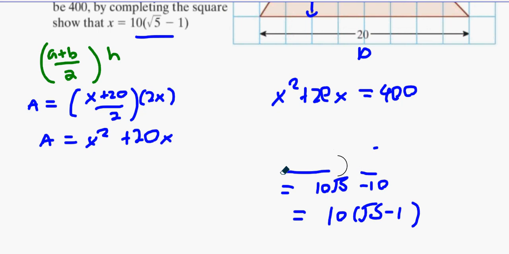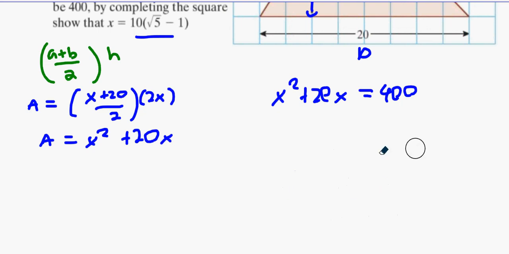Complete the square using this here. So what's half of 20? 10. Okay? Now, yeah, got it. Alright. So square that out, you get x squared plus 20x plus 100.